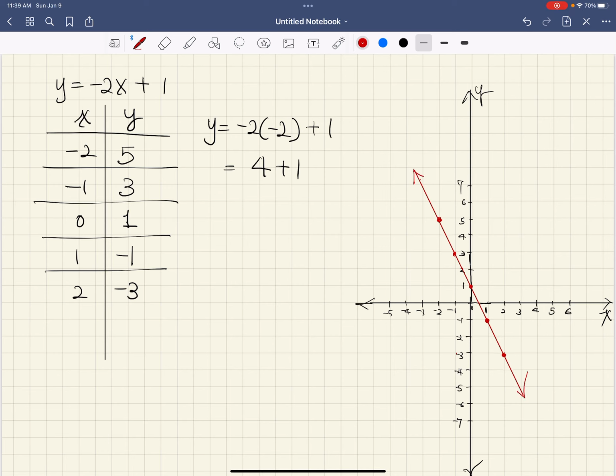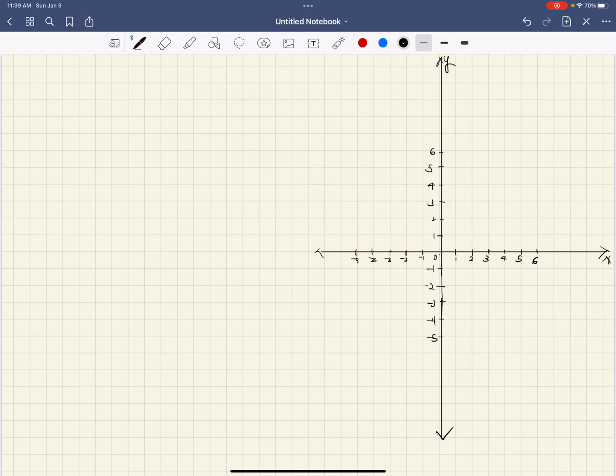Next, if you have something like x is equal to 4, this means x is always 4. So you don't even have to make a table.